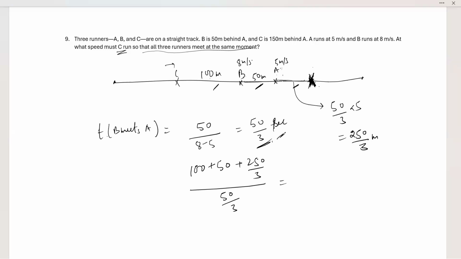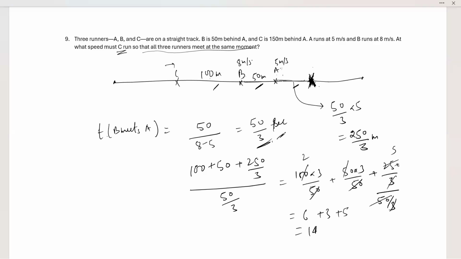So which is 100 into 3 by 50 plus 50 into 3 by 50 plus 250 by 3 upon 50 by 3. This cancels out, and we get 6 plus 3 plus 5, which is 14 meters per second. This is the speed at which C should travel in order to meet A and B at this point.